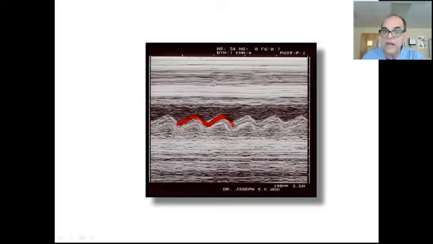M mode in general sonography is only good to measure the heart rate of the embryo or the fetus, but in echocardiography, M mode can also calculate the ejection fraction of the heart.